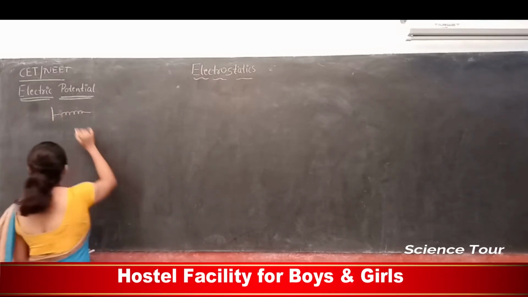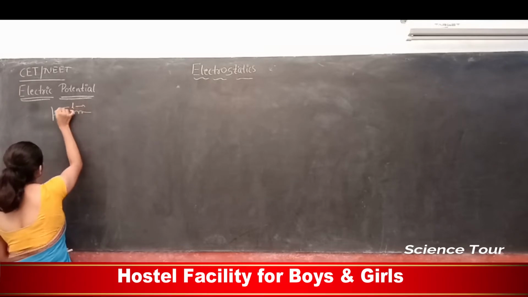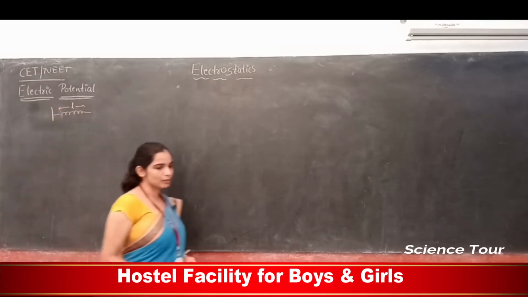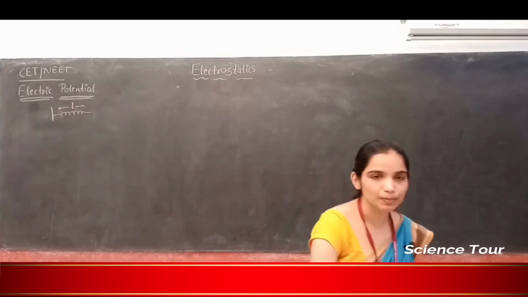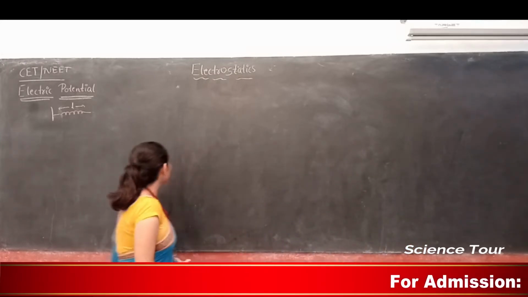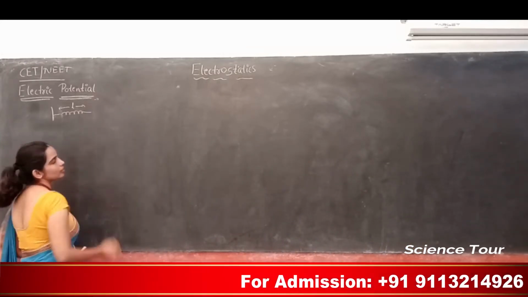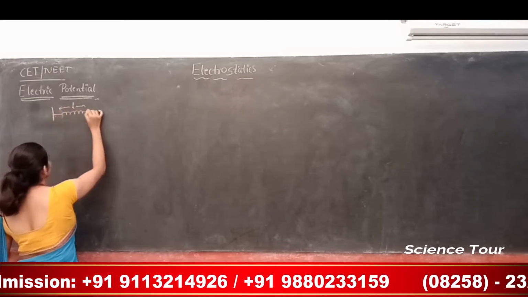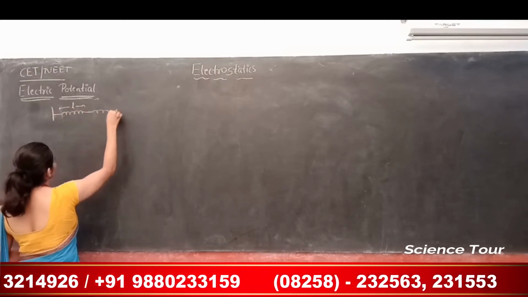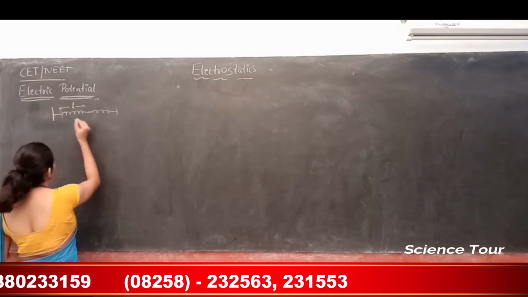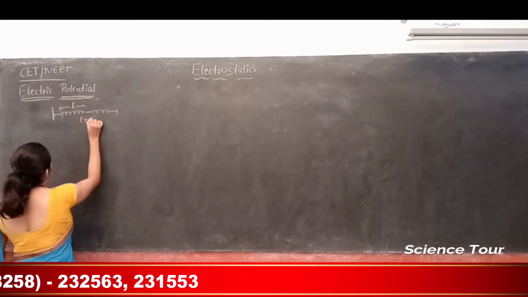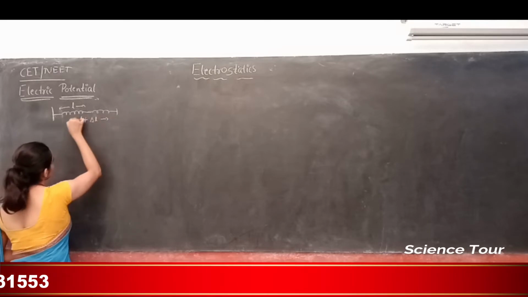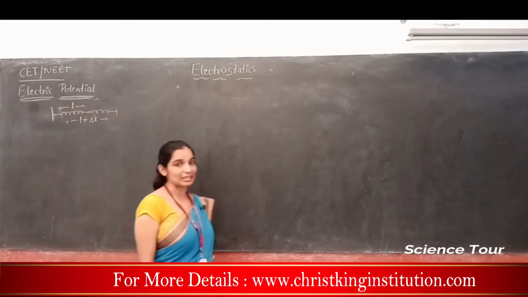Let's say the length of the spring is L. Now I expand the spring, or pull the spring in this direction. What happens? The spring length will increase. This will be the spring after expanding, and the length will become L plus delta L.